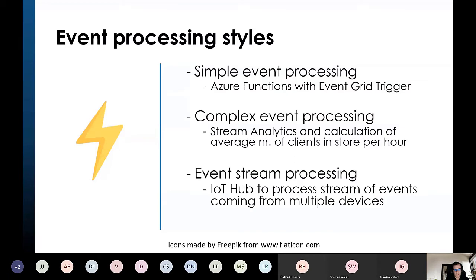An example of using this scenario is using IoT Hub to receive events and then using Azure Functions to receive the stream of events and process them. So depending on the scenario that you are implementing in your application, it may guide you on the messaging service that you need to use, basically.